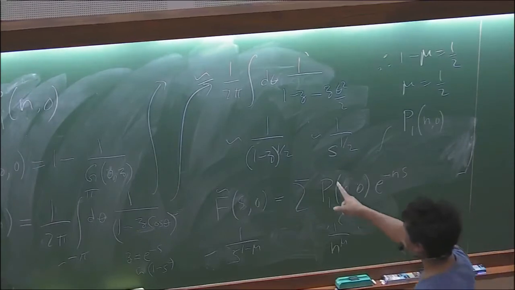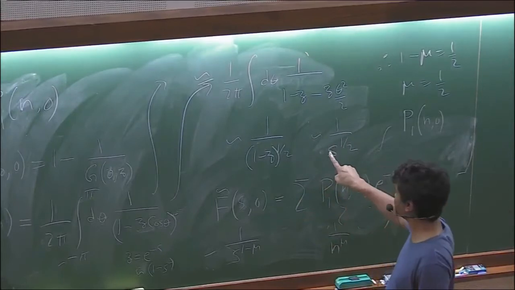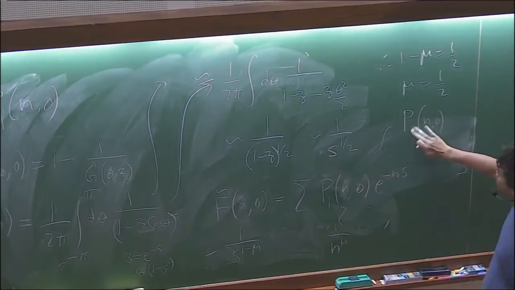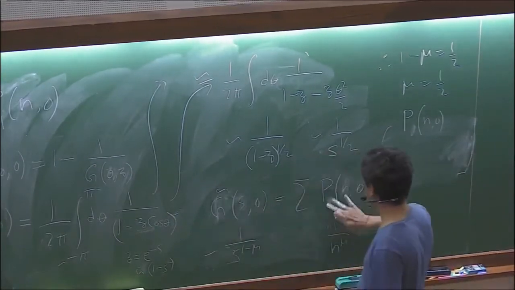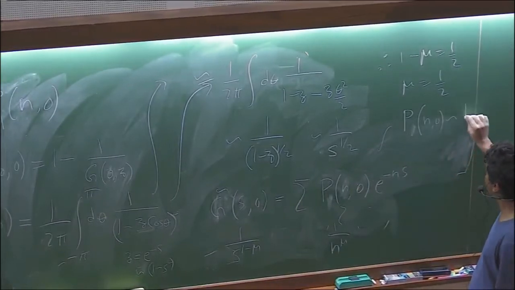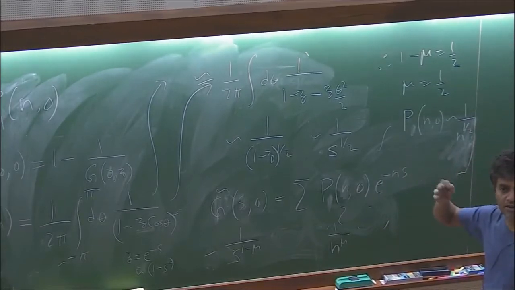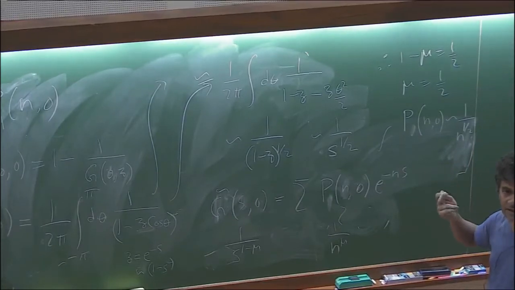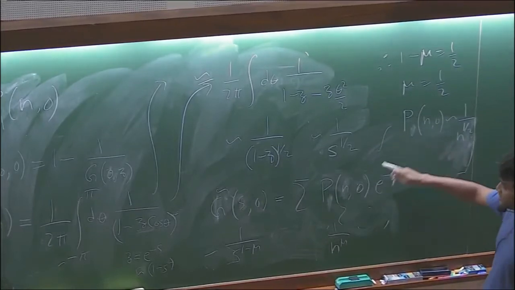This actually is for G, right? And I want F. So what we have proved is that P goes as, so I should write G here. If I write G here, then this tells me that P n0 at large n goes as 1 by n to the power half, which is true, right? Because we know this is just the usual probability of being at the origin after large time n, which is like e to the power minus x square by root t, and t is just this. So this is correct. We still haven't found P1.